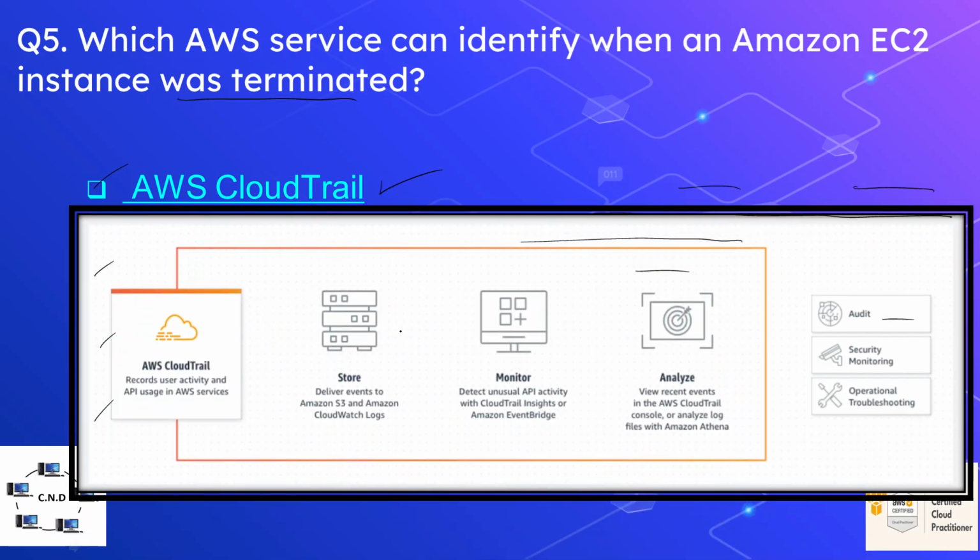So this is the visual view of the AWS Cloud, where it records user activity and API usage in AWS services. And these are the different scenarios where CloudTrail can be used. You can audit the usage of your cloud services through the logs. You can monitor the different actions of the user and the API user, and you can also use it for troubleshooting through these actions.